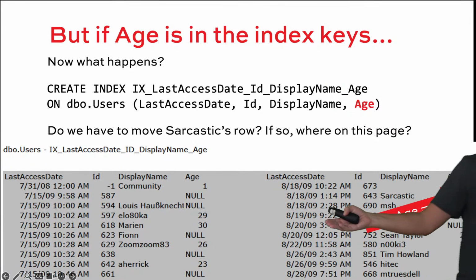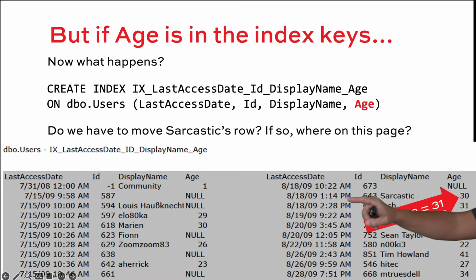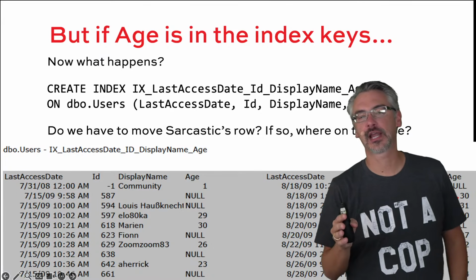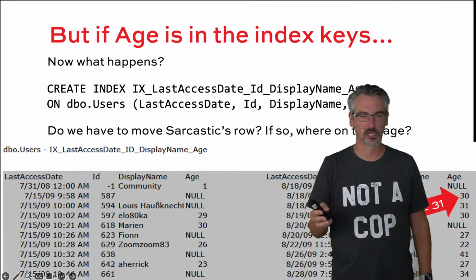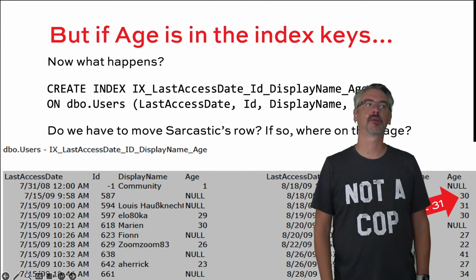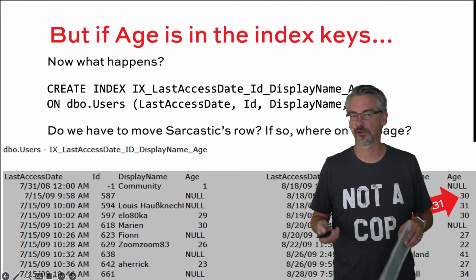I don't have to move him at all, because last access date is really selective. It's not like that affects sort order when that is nearly unique. Think about last access date in a production database. People are changing their last access dates all the time, but they're not unique. People are accessing the site at slightly different times.